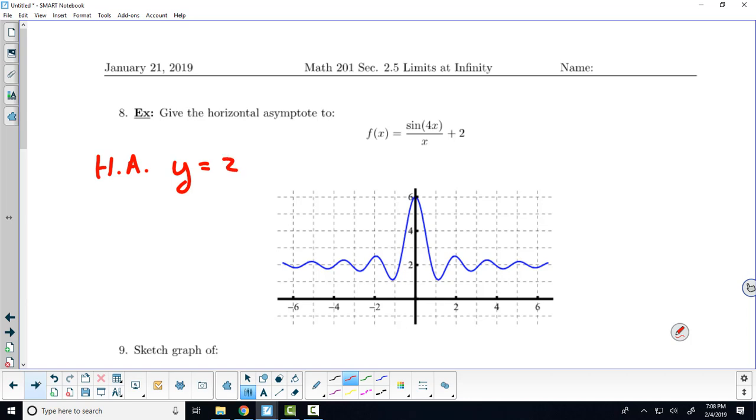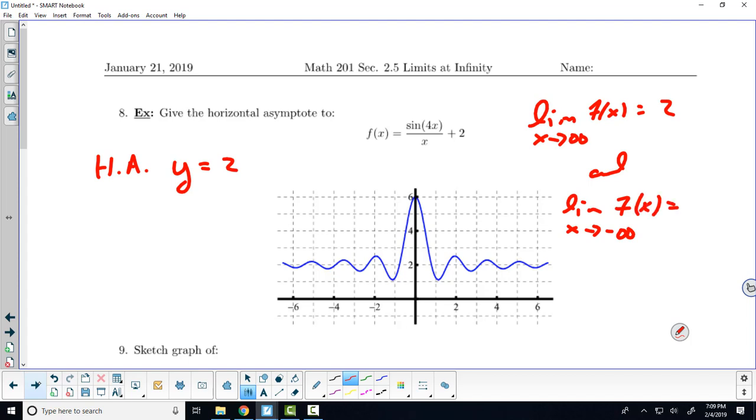They're getting closer and closer to 2. What about as you go to the left? Same deal. So we could summarize that by saying the limit as x approaches infinity of f(x) is equal to 2, and the limit as x approaches negative infinity of f(x) is also equal to 2.